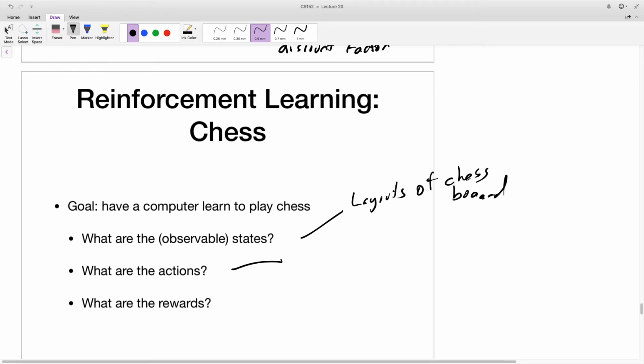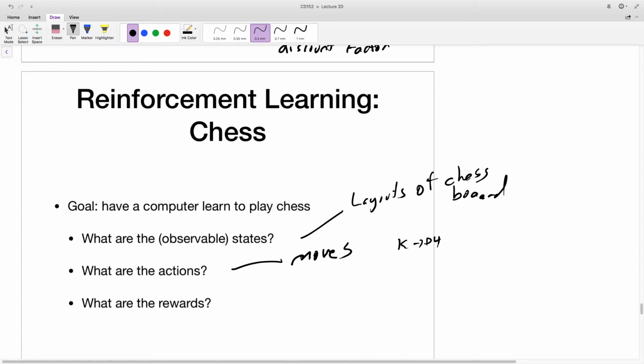Let's give someone else a turn. You guys, in the back. Moves. So give me an example of how you might represent a move. Knight to d4.